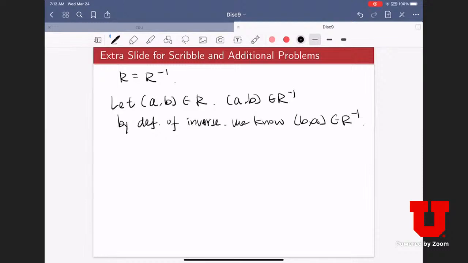And then therefore R is symmetric. Why is R symmetric? Because you have both (a, b) in R inverse and (b, a) in R inverse. All right, any question?